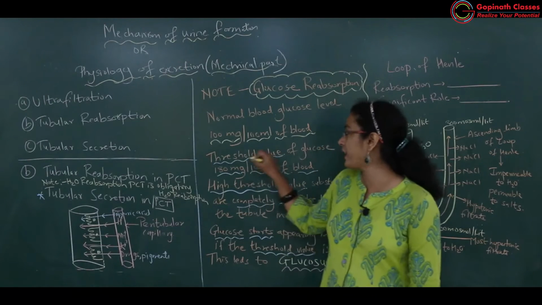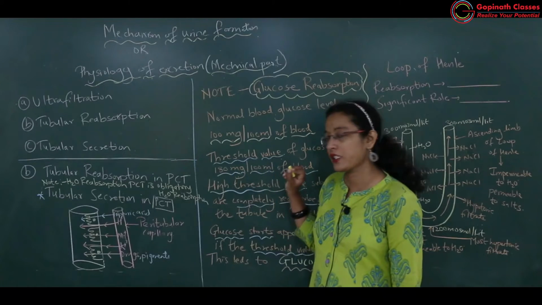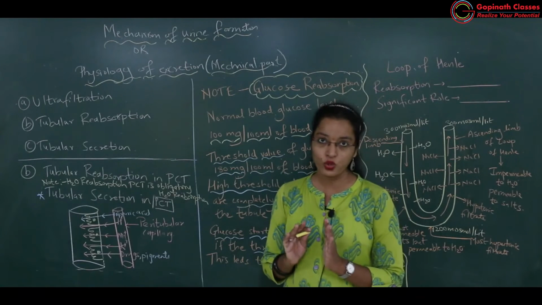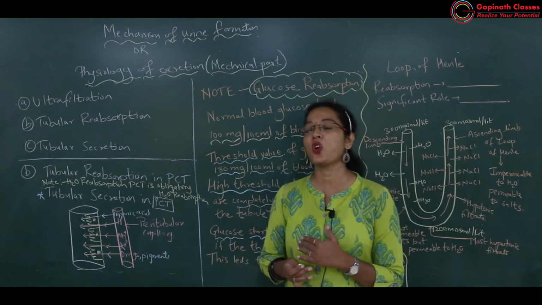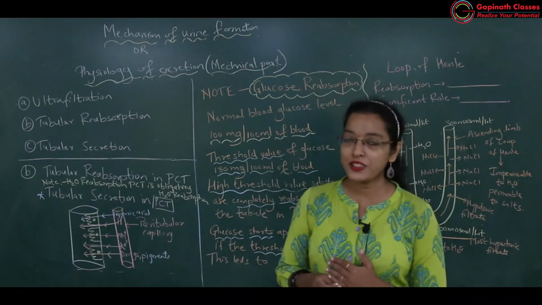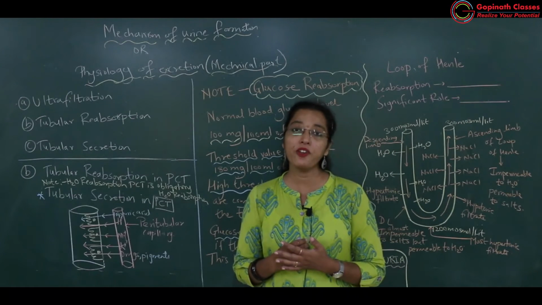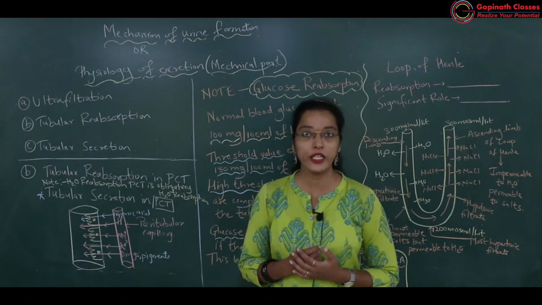Okay, so the high threshold value should be 180 milligrams. So the blood can tolerate glucose up to 180 milligrams. Beyond that, if the glucose concentration in the blood increases, what happens? Now this glucose is enough for our body, so the body will try to eliminate this glucose in the urine.